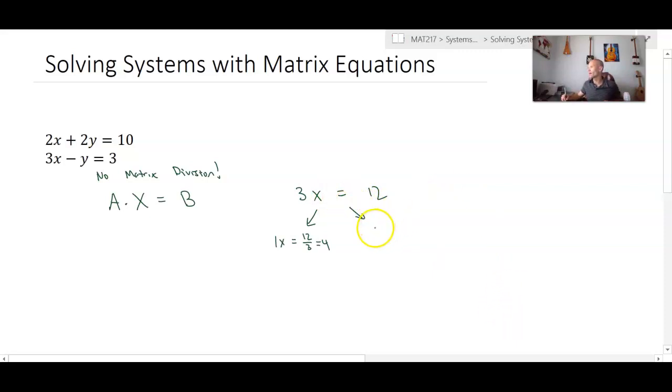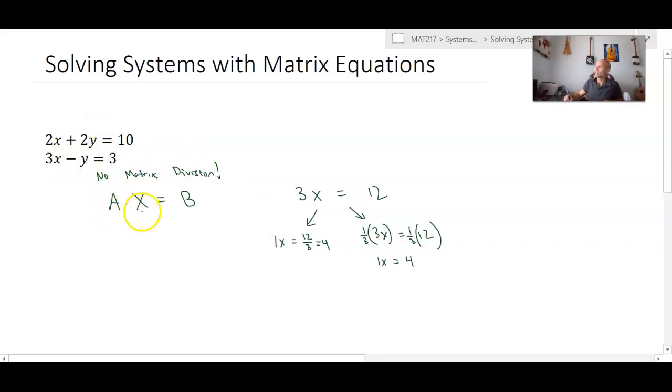How would we do that if division was not allowed? Well, it's a little tricky, but if I took 1/3 of both sides, 1/3 is a multiplier. It is a fraction, but it's a multiplier as opposed to a divisor. So 1/3 of 3 is obviously 1, and 1/3 of 12 is equal to 4. We've done the same thing, just using a different technique.